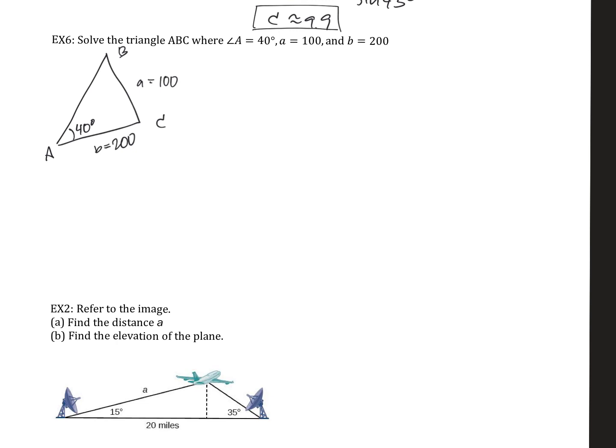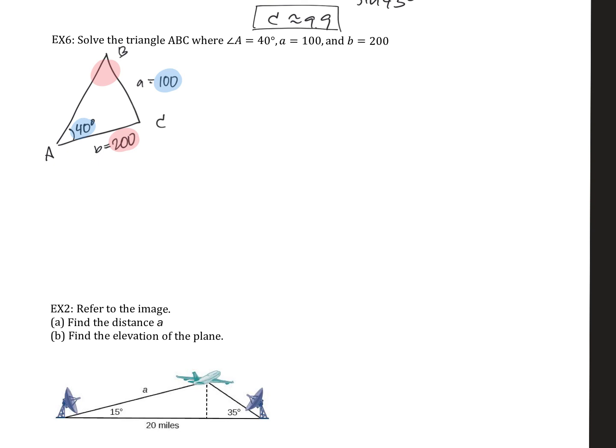One thing I'm noting right now is that B, should it be a larger or smaller angle than A? What do you think, larger or smaller? It should be larger. How do I know that? Well, side a is 100 and side b is 200. 200 is bigger than 100, so B should be a bigger angle than 40 degrees. So I just know that off the bat.